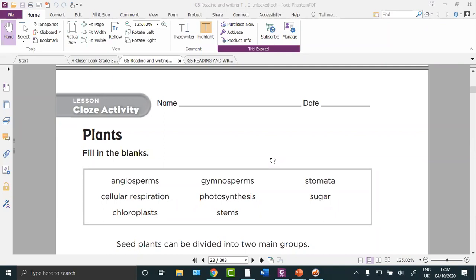Page 16, sorry. Seed plants can be divided into two main groups. With the flowering, angiosperm. Angiosperm, number 1.